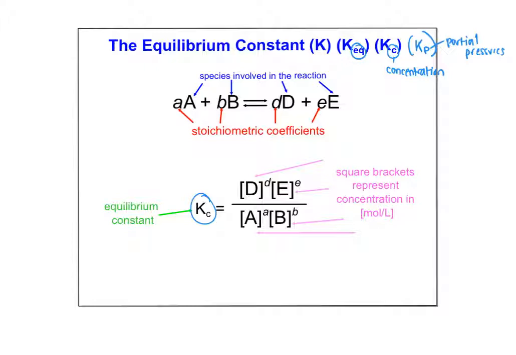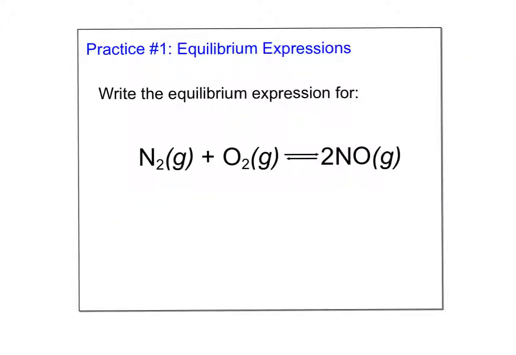And these square brackets are important because they're telling me that we're measuring the concentration at equilibrium, right? Molarity, or moles divided by liter. So make sure you put each species in square brackets. All right, so try to write the equilibrium expression for this one, pause the video, and then on the next slide you can check your answer.